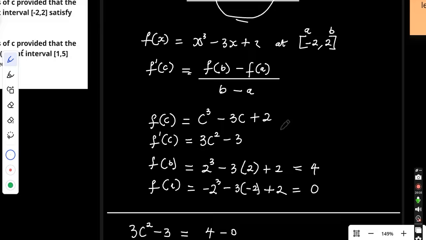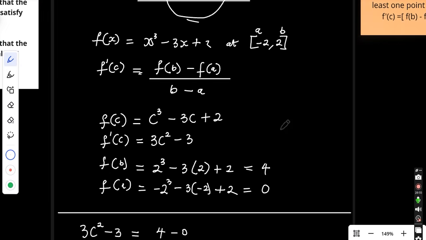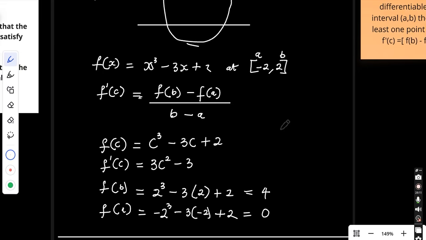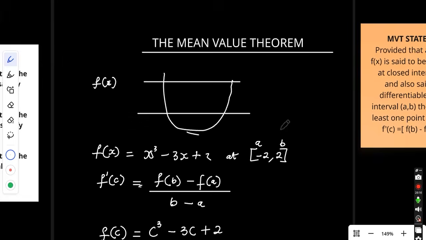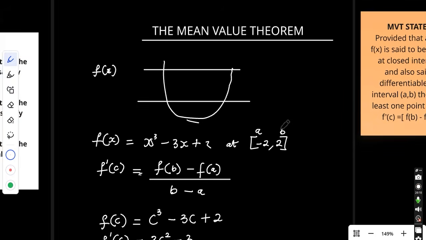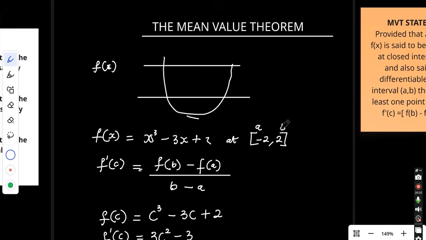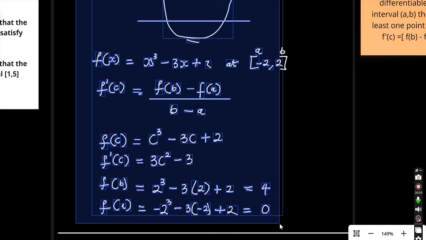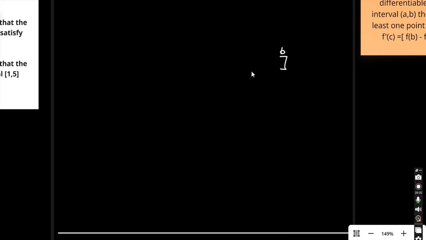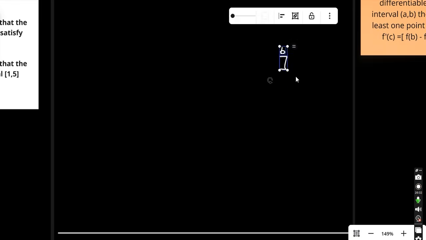So this is a square root function. Since the problem has said that the function satisfies the mean value theorem, we don't need to actually test for continuity and differentiability. We can solve directly. That's going to save us more stress.